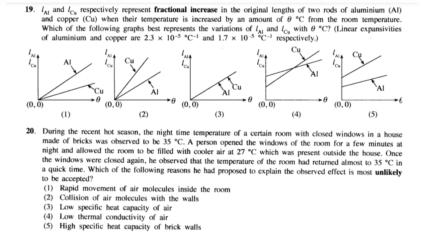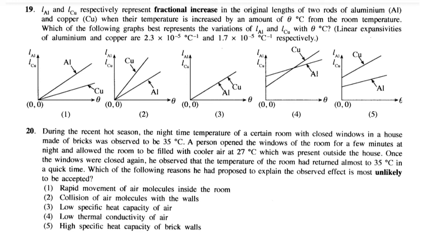Gradient of the graph is equivalent to alpha, that is the expansivity of the metal. So when you look at the linear expansivities of the two metals, you can understand that linear expansivity, alpha for aluminium, is greater than that of copper.